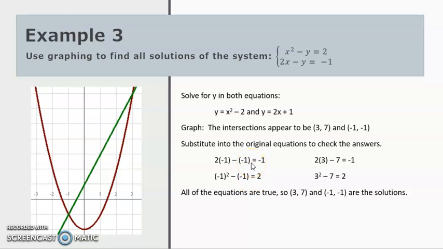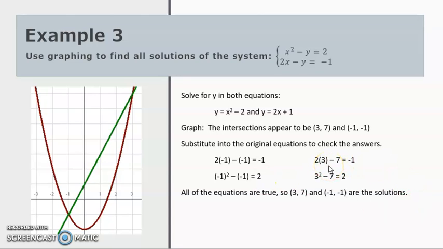So for the -1, -1 point, I put in to 2 times x minus y equals -1. If you calculate this, it is equal to -1. And in the other equation, I did -1 squared minus the y value equals 2. If you calculate this, it is also true. So the -1, -1 point is a solution.